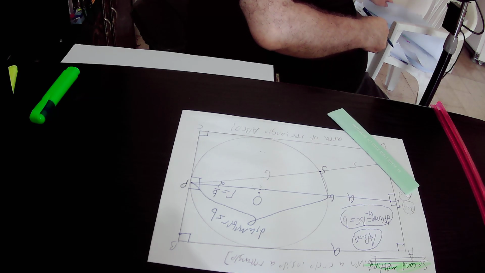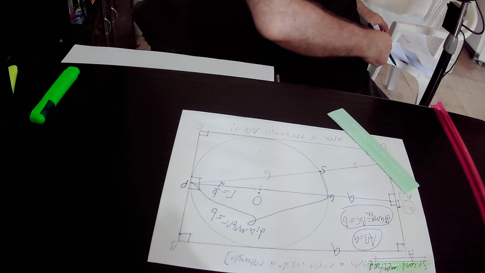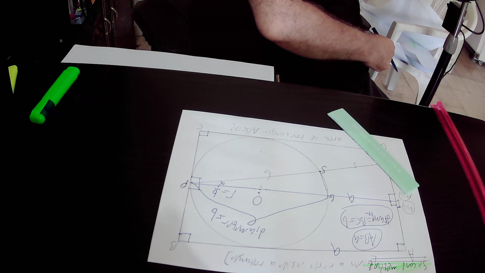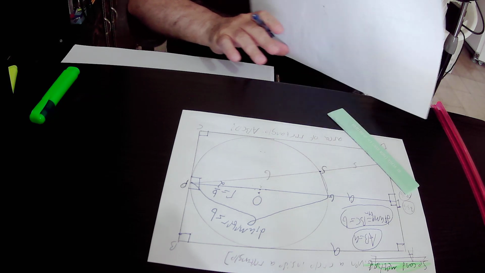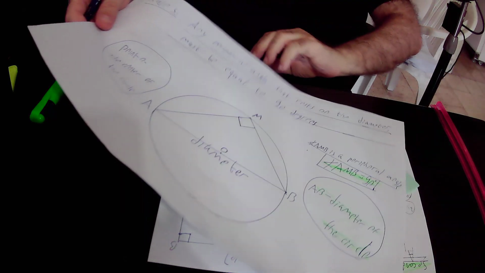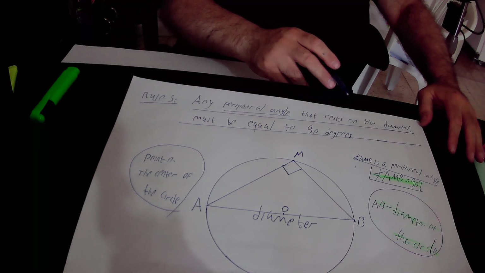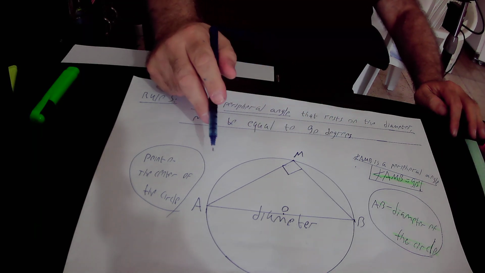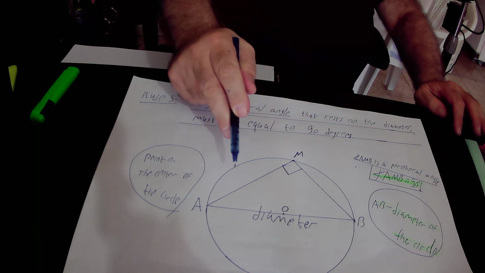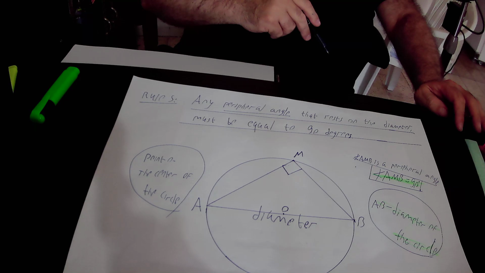And we actually have here rule number 5 that relates to a peripheral angle that rests on the diameter of the circle. According to rule number 5, any peripheral angle that rests on the diameter of the circle must be equal to 90 degrees. The diameter is AB, peripheral angle AMB rests on AB, that is the diameter of the circle, therefore it is equal to 90 degrees.